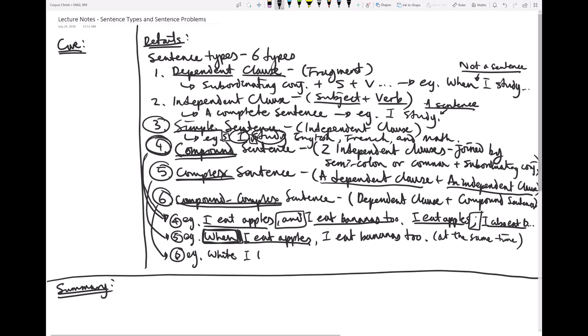I like eating fruits. So I have my dependent clause here. I use the word while as the subordinating conjunction to make this clause dependent.